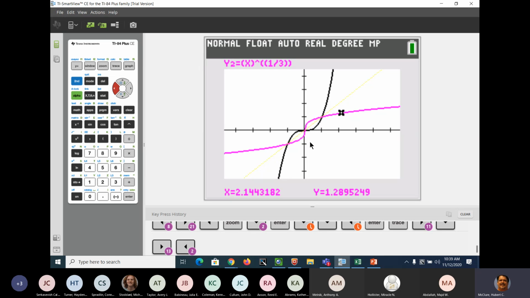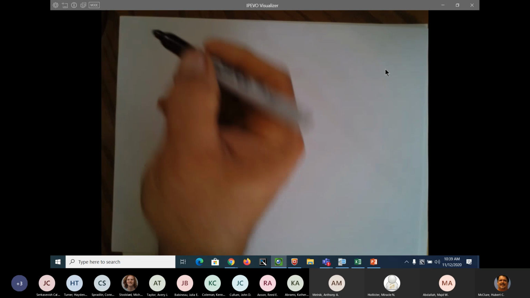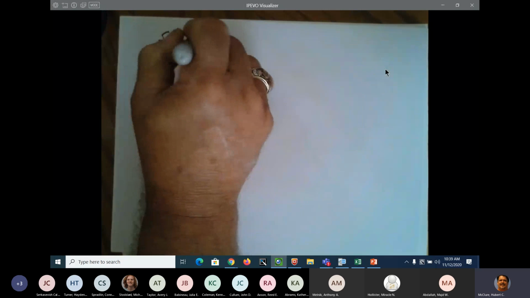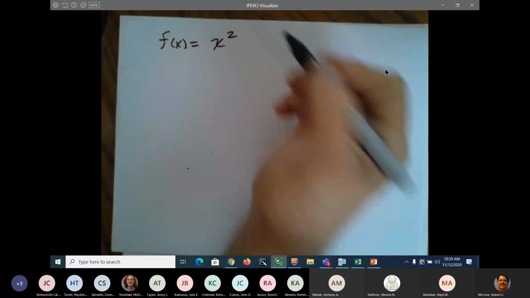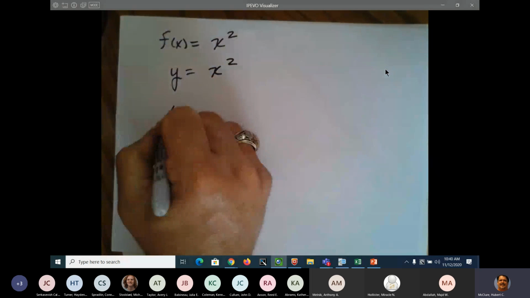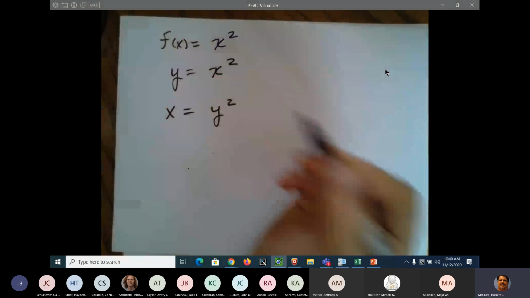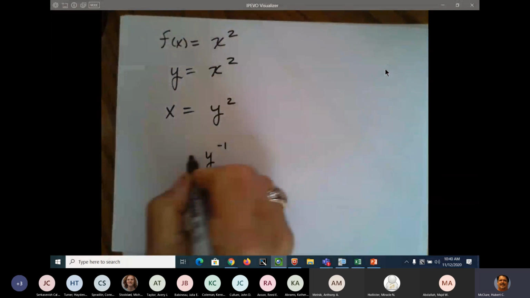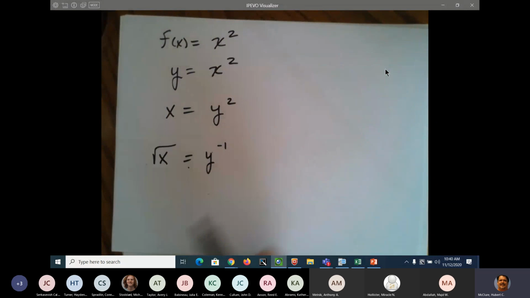All right, so with that being said, let's do the function that I gave you a while ago. Well, I don't want to do x squared, but let me show you x squared and how it looks. f of x is equal to x squared. y is equal to x squared. x is equal to y squared. y inverse is equal to the square root of x.